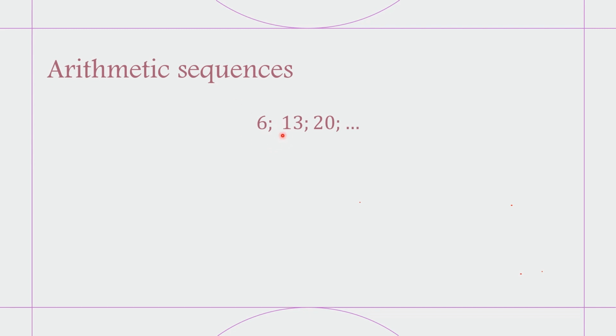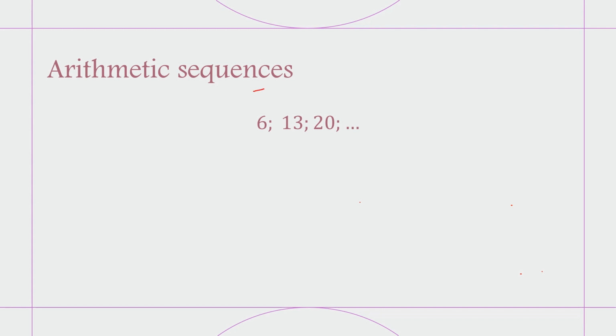Let's say, for example, you have this sequence here, which is 6, 13, 20. If the difference between two consecutive terms is equal, then we can say our sequence is an arithmetic sequence. That means we will be adding or subtracting the same number throughout the sequence. So how do we check if our difference is constant or the same?